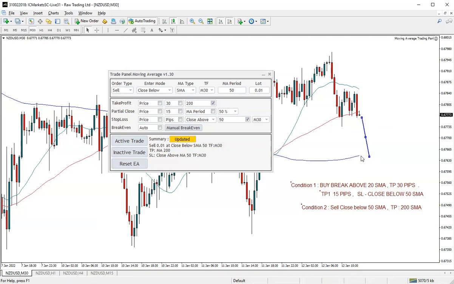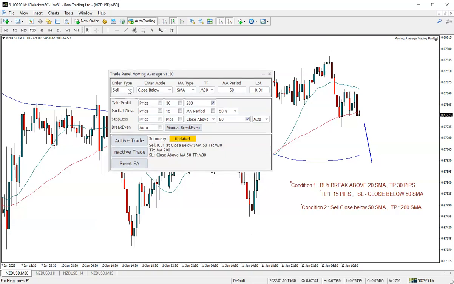profit. Right now, let's say a third condition, which would be if price continues lower, it will test the 200 SMA, and we expect a little bounce from this point on the retracement, and we can trade that also using our trade panel.